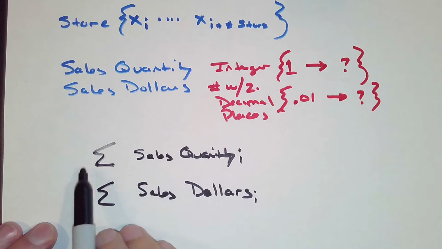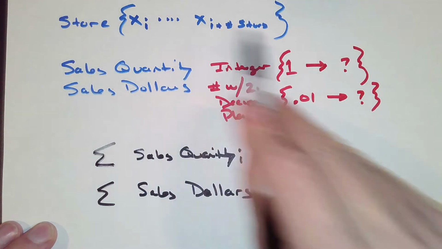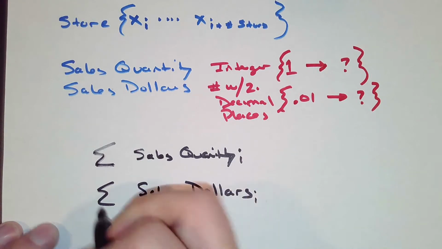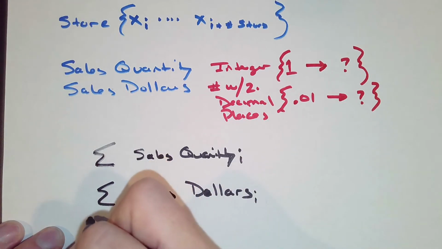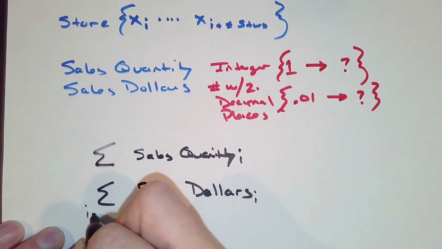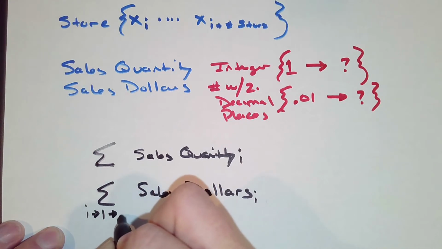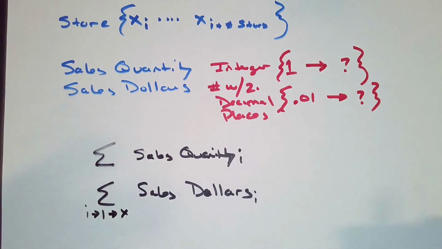All right, so this is the sum of sales quantity per I and the sum of sales dollars per I, where I goes from 1 to X, whatever the number of stores are.